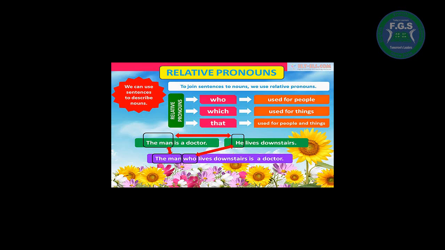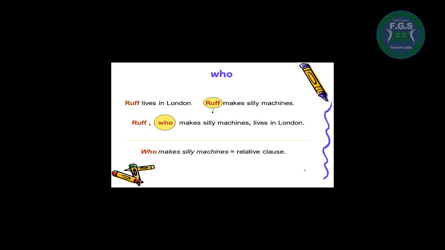In this sentence we use the relative pronoun who, because the subject of the sentence is people. So we can use clauses to describe nouns. Another example. Now we will explain the pronoun who. For example, Ralph lives in London.